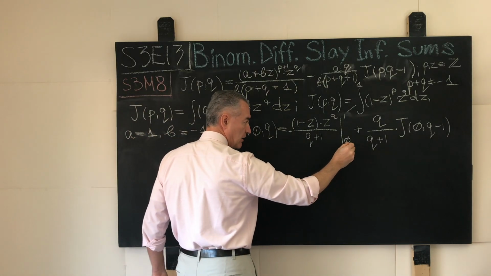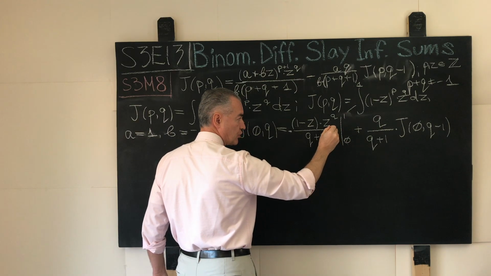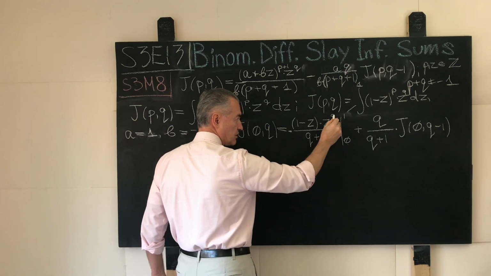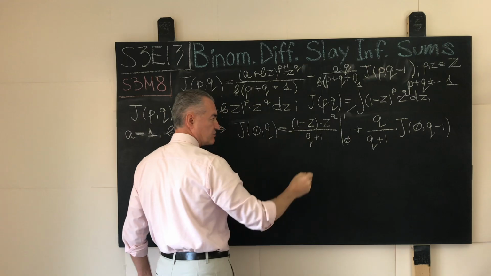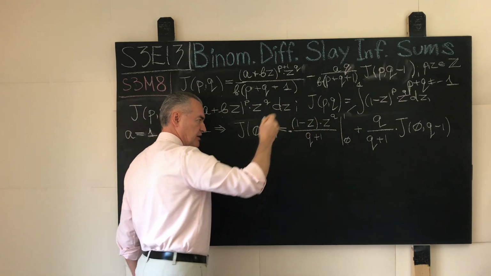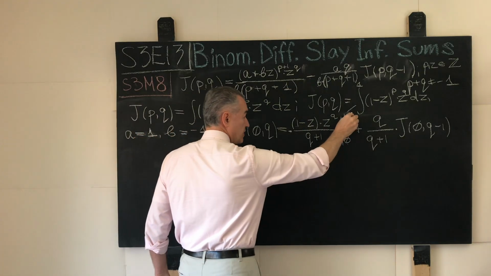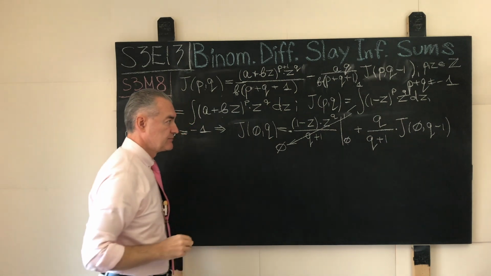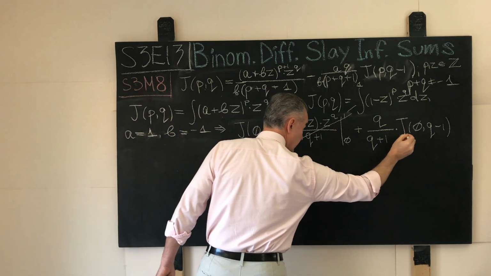And at the lower boundary of integration, when z is equal to 0, this free floating term is taken out by this factor over here, 0 raised to the power q. 1 minus 0 is 1. 1 over q plus 1 is a constant real number. 0 times any such number is 0. 0 minus 0 is 0. So this free floating term again vanishes at both boundaries of integration. So now we have only this summand left.